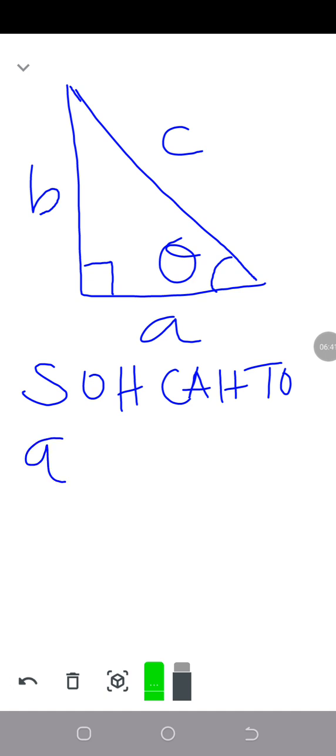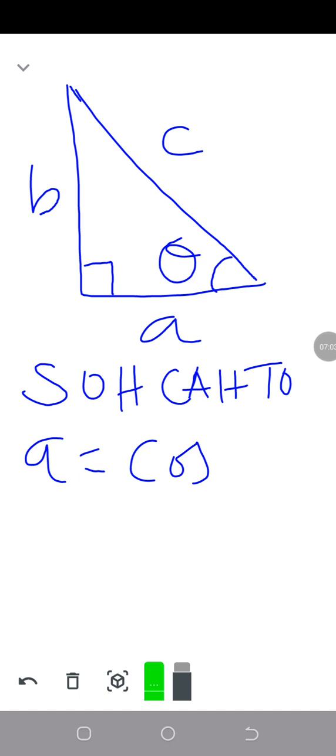For A, the distance will be equal to C, which is the hypotenuse, times cos. Sorry, it will not be cos.